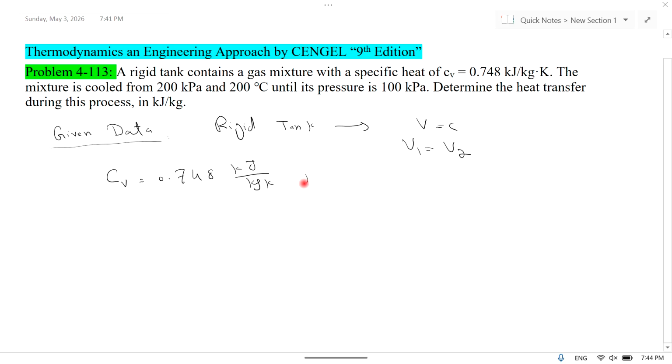The mixture is cooled from 200 kilopascal and 200 degree centigrade. So initial pressure P1 is equal to 200 kilopascal and temperature T1 is equal to 200 degree centigrade, which is equal to 200 plus 273 Kelvin, which is equal to 473 Kelvin, until its pressure is 100 kilopascal, meaning P2, the final pressure, is 100 kilopascal.